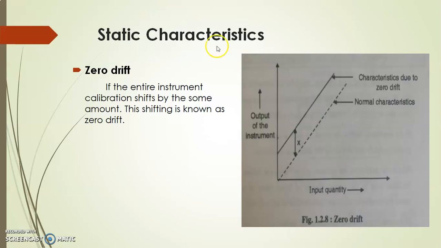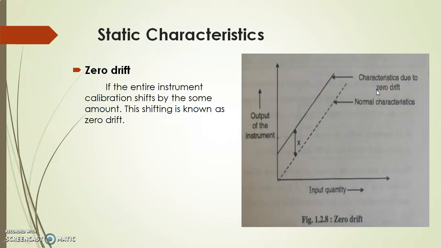Zero drift: if the entire instrument calibration shifts by some amount, this shifting is known as the zero drift. Here in this graph, this is the input quantity, and on the y-axis is the output of the instrument. The dotted line is the normal characteristic of the instrument, and the plain line is the characteristic due to zero drift.